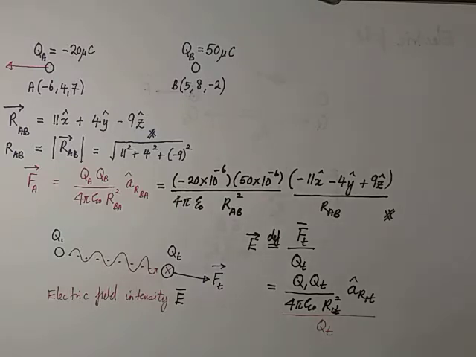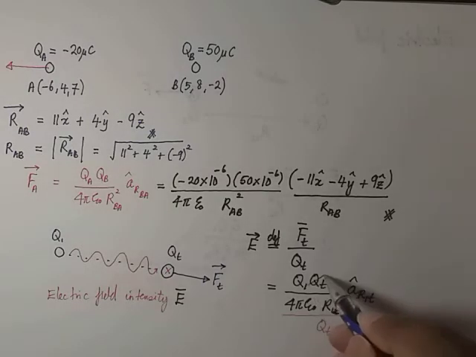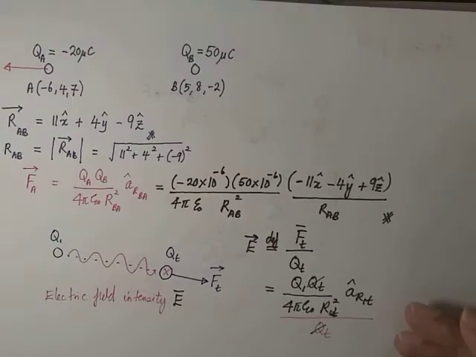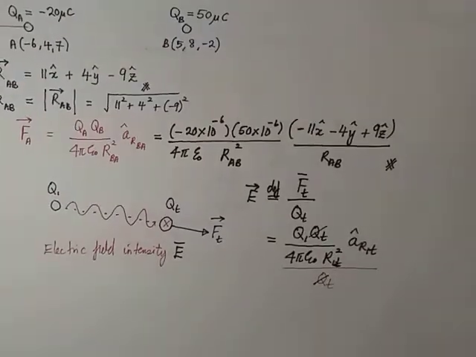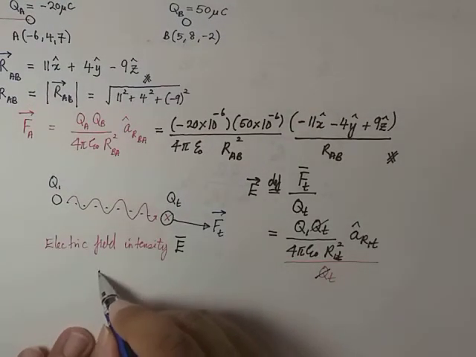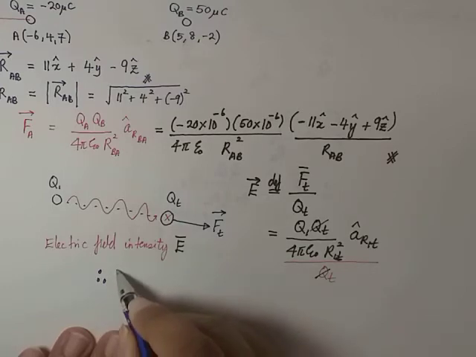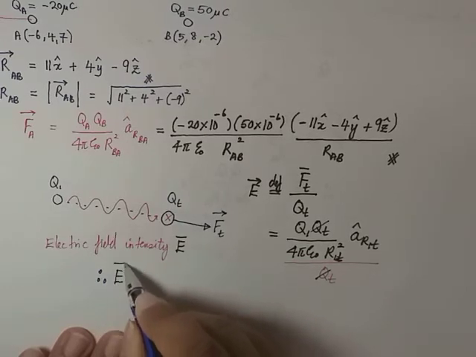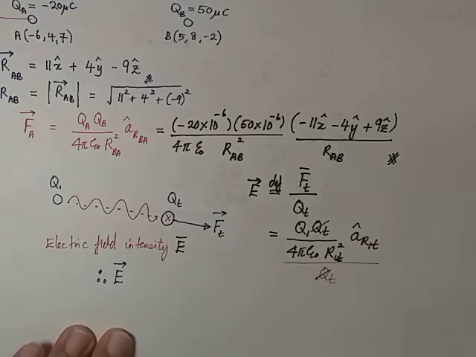By doing the mathematics properly, the E that we define here is the electric field intensity due to a point charge, as we made clear earlier.